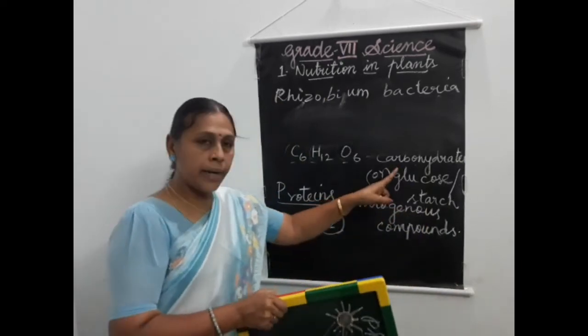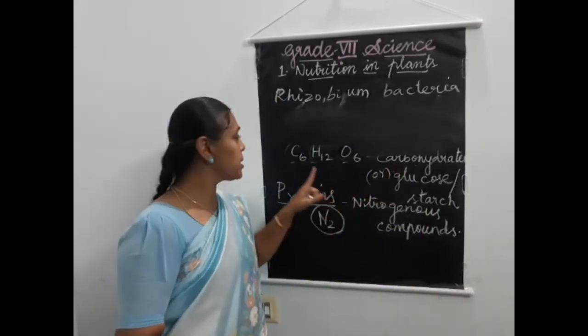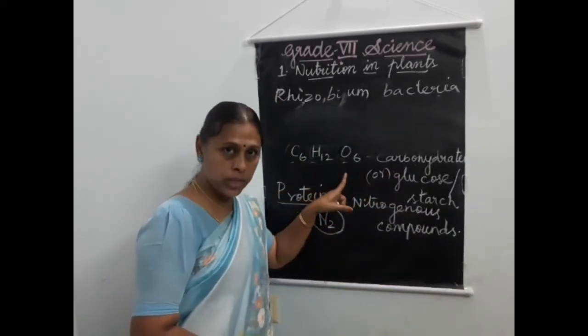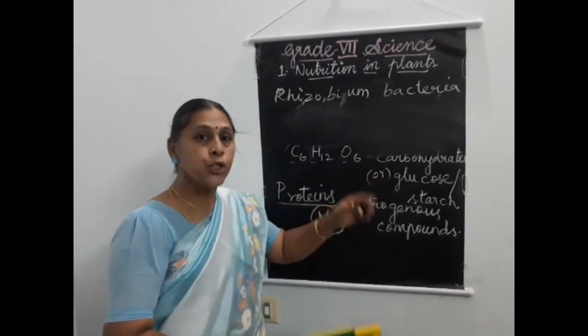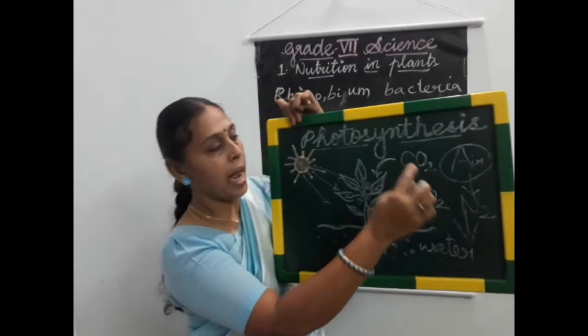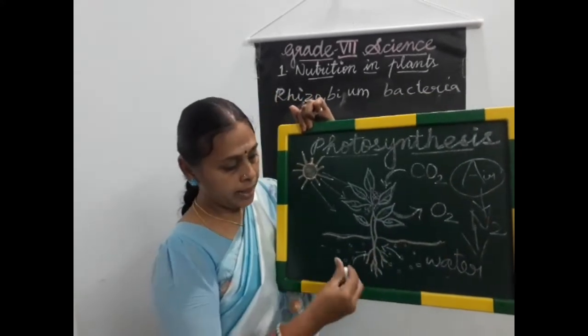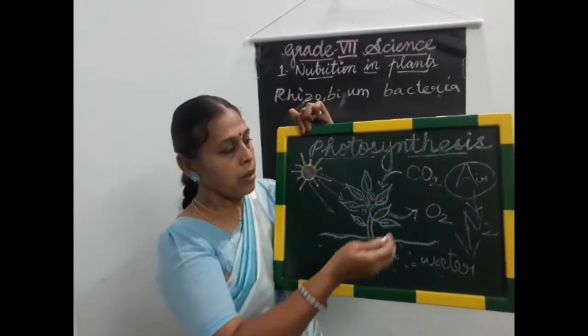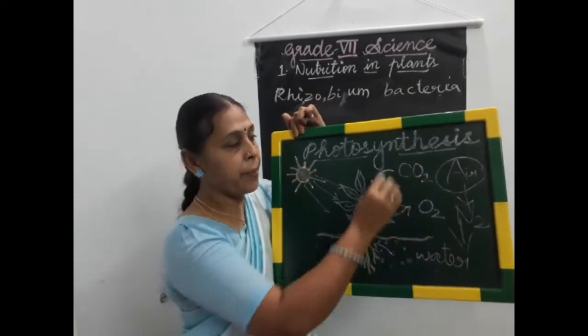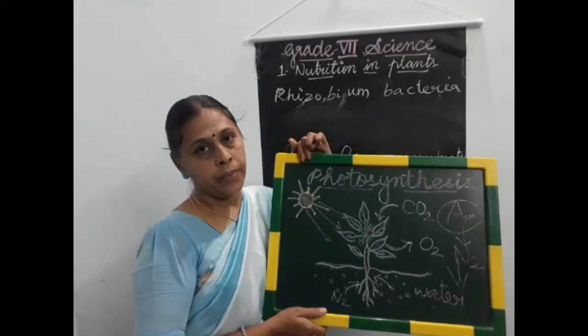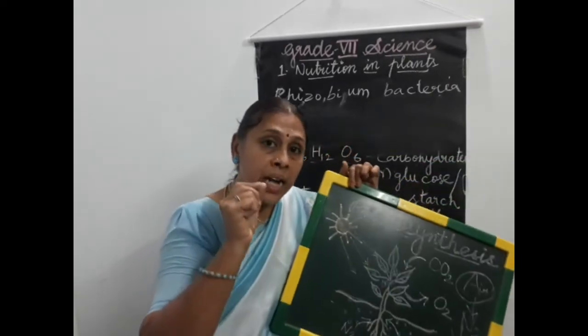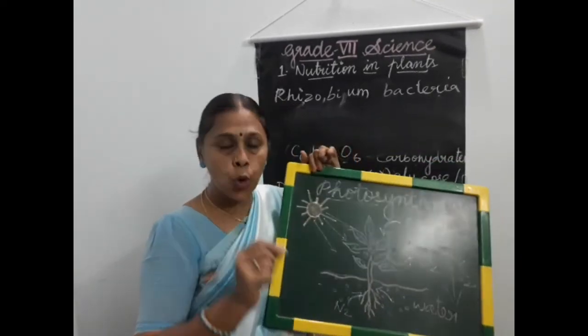So carbohydrates are nothing but the components of carbon, hydrogen and oxygen, and these carbohydrates are produced in the plants using carbon dioxide and water. By using sunlight, they prepare the starch or glucose or carbohydrate. But it needs nitrogen for the preparation of proteins.